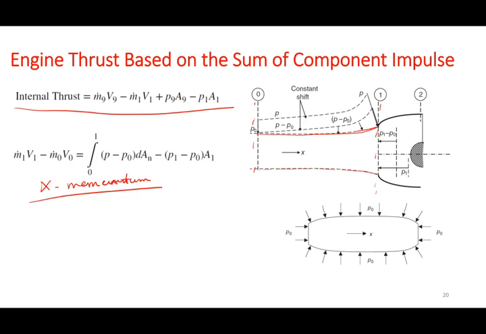The momentum at the inlet minus the momentum at the zero station is going to be equal to the summation of forces. So we have a force at the inlet, the pressure force at the inlet, and also the pressure force at the zero station, which is there because of this pressure difference, right?